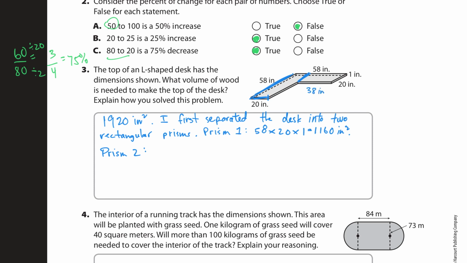To get the volume of this other one, it's going to be 38 times 20 times 1. So prism 2 is 38 times 20 times 1, which is equal to 760 square inches.